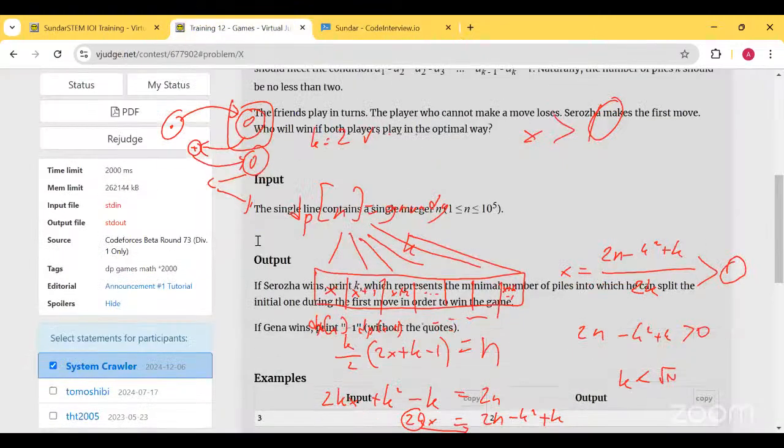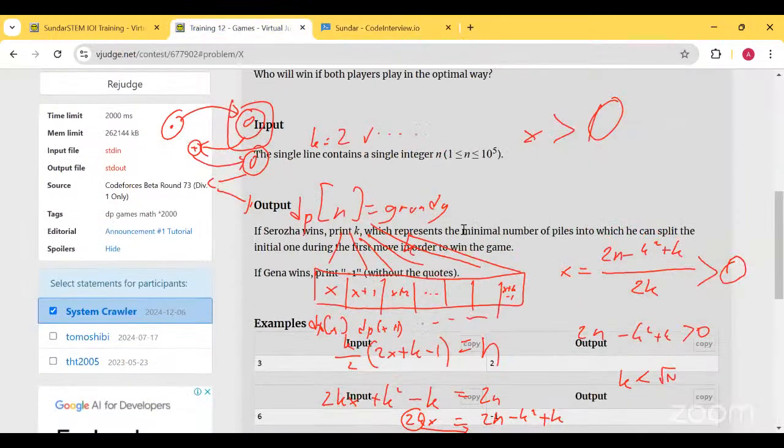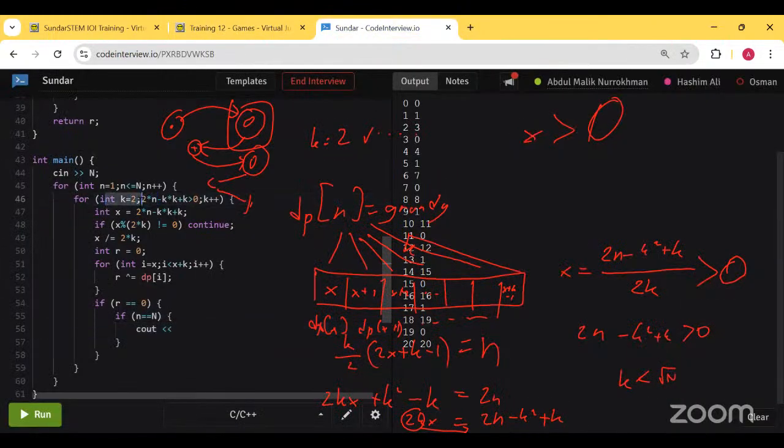And for this problem, we want to know it for n equal to the real n. If it is the real n, and finally we found a k that can make us win the game, just output it. And we want to find the minimum one. That's why it is correct, since we iterate from the lowest value.